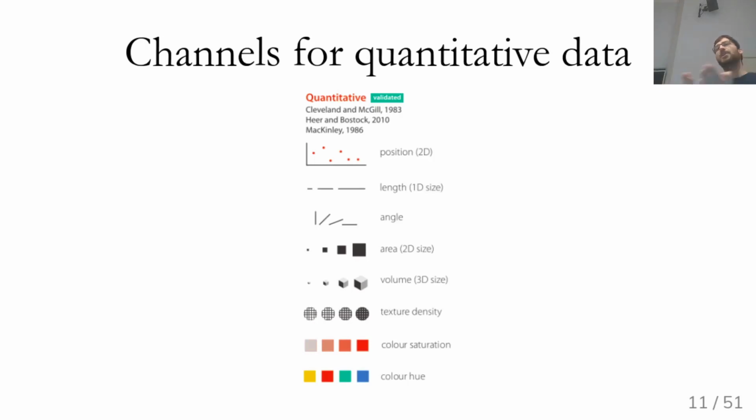If I have the ratio of length, I can maybe sort of do that in my mind, but doing any calculation on color hues is basically impossible. So if there's a critical aspect of the data, don't encode it as a color hue for quantitative data.